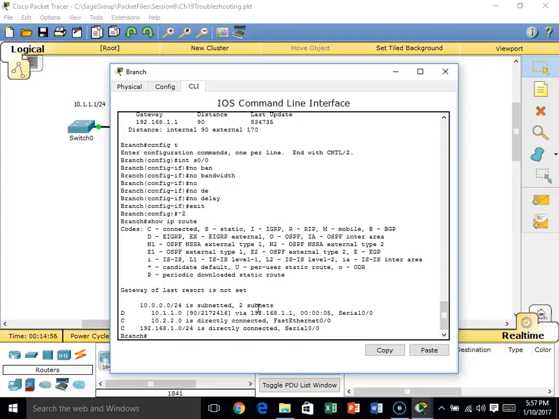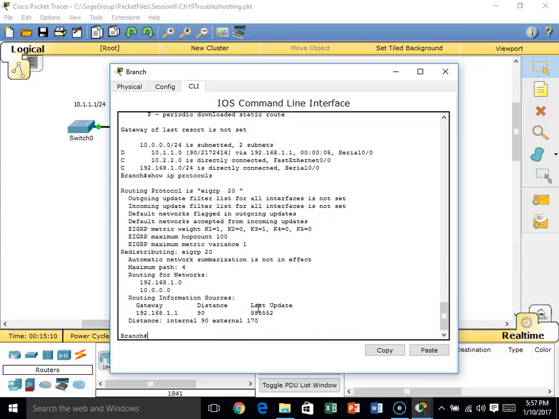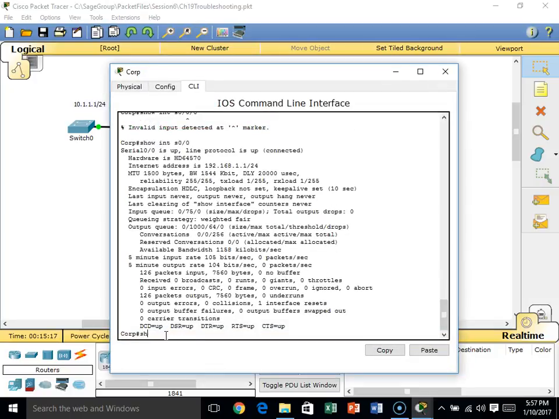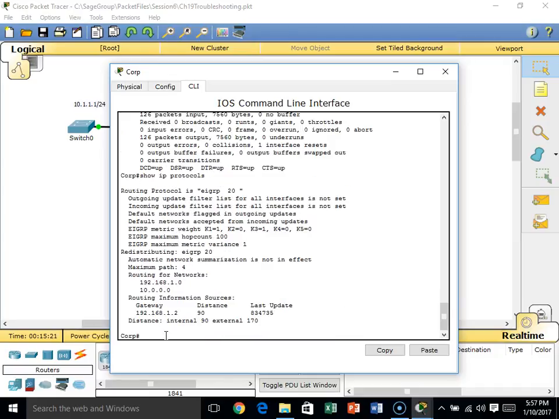And the next thing he said was show interface 0/0/0. Yeah, we did that. Oh, no, this is the EIGRP. Both of them were EIGRP 20, right? EIGRP 20. So, that one, we did the no auto summary.